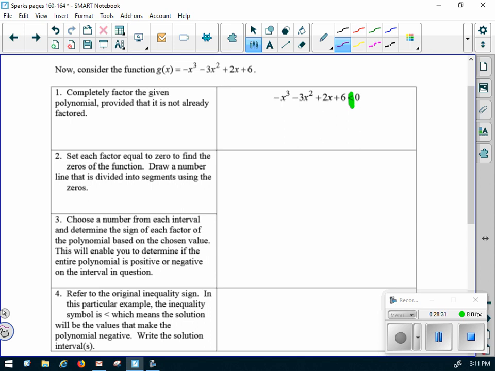So let's factor it. How many terms you got? How do we factor 4 terms? Grouping. What are you going to do there? Good. Let's factor out a -x squared times what? Good.